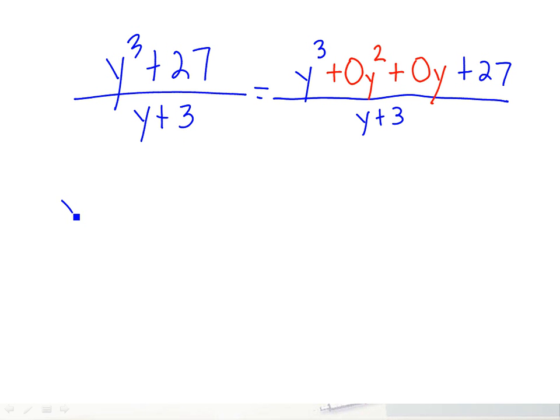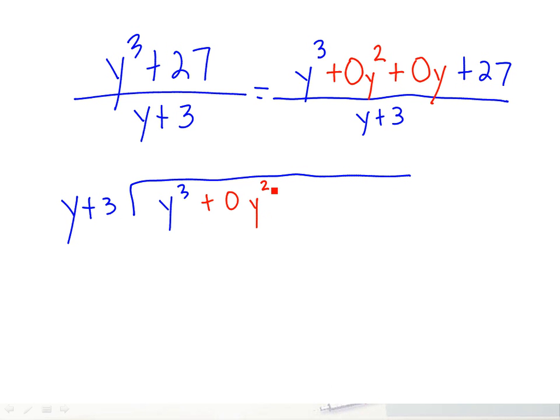So this is how you're going to set it up in long division. Okay, that was pretty ugly there. Do a better job of that. Okay, so we have y cubed, and then we put the placeholders in red again, so you see that we basically inserted those terms in there, sort of like false terms, faux terms.